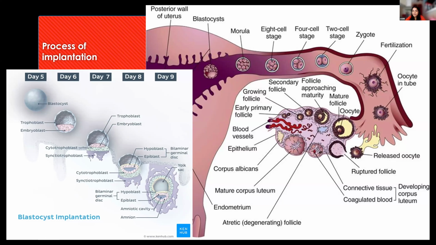So it's receptor mediated. And on day 8 and 9, there's progressive invasion to ensure that the blastocyst is firmly attached. So the trophoblast cells proliferate and penetrate into the endometrium. And we'll talk a little bit more about this when we talk about the placenta.